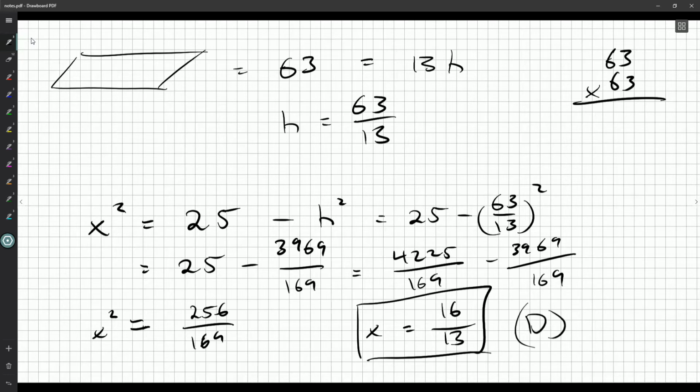Okay? Now, there might have been a faster way to see this, just something I just thought of right now. If I had left it as 5 squared minus 63 over 13 squared, we might have said, well, I'm going to have to get fractions eventually, and said, oh, 65 over 13 is 5.